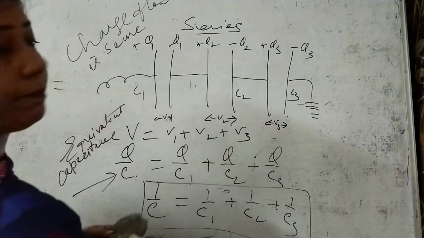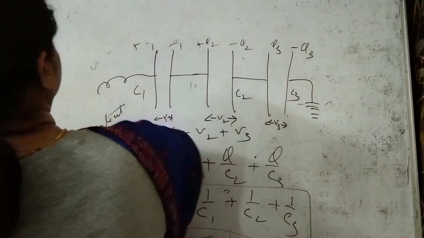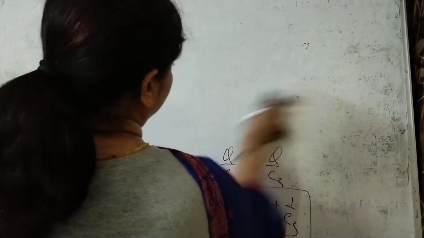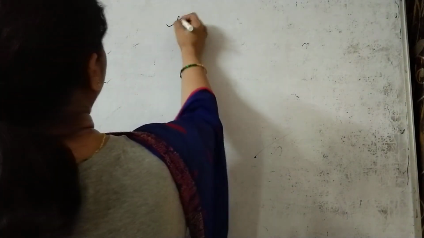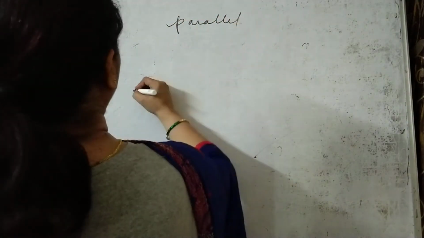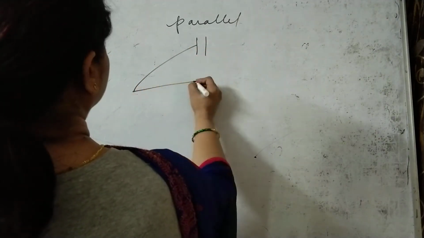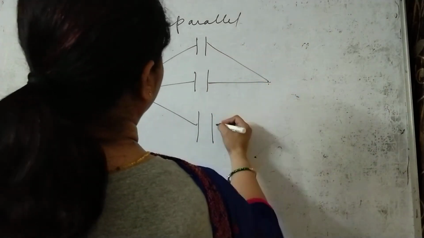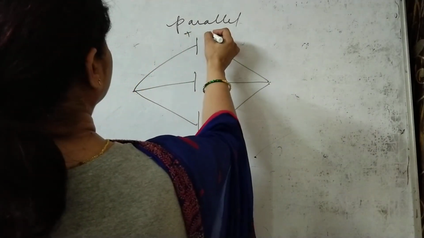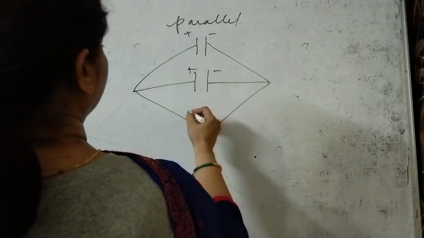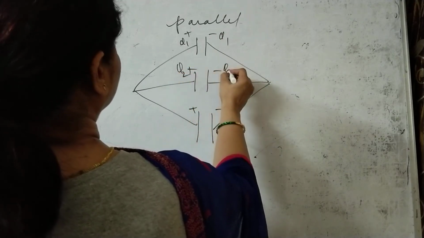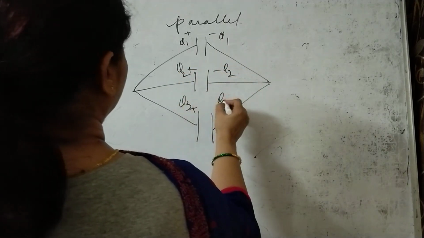Let's see what happens when they are connected in parallel. So we have one capacitor, another capacitor, and another capacitor. All the positive ends are connected here, the negative ends here: positive, negative, positive, negative, with charges Q1, minus Q1, Q2, minus Q2, Q3, minus Q3.